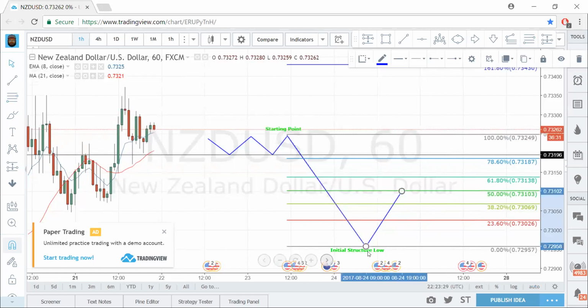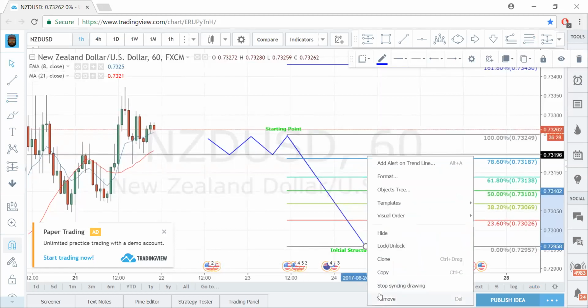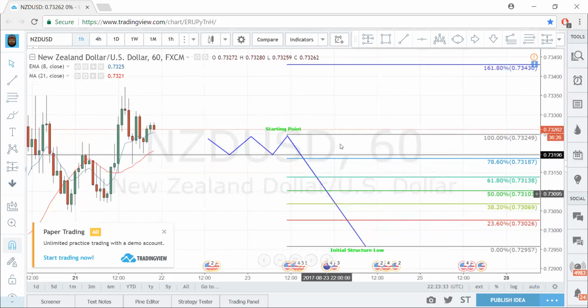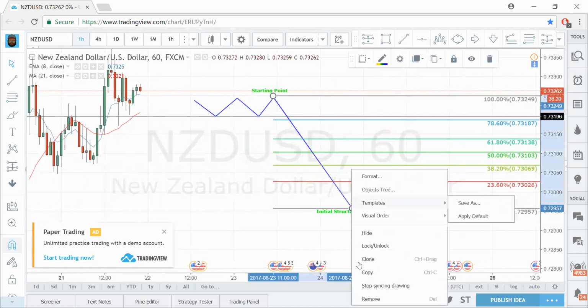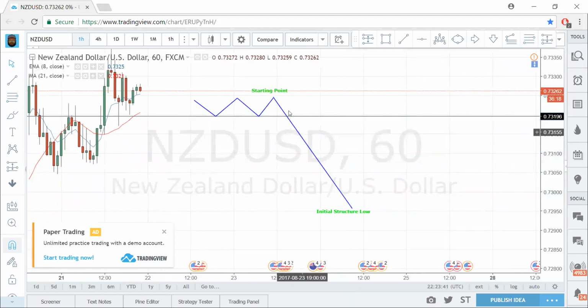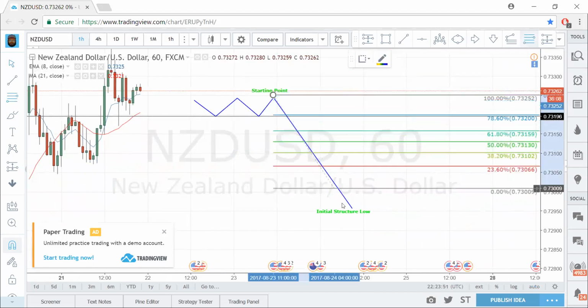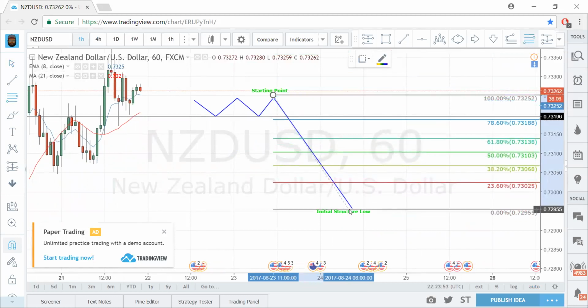I'll go over it again. Anytime the market gives you this kind of move, how do you trade it? It's very easy. You take your Fibonacci retracement, starting from your starting point all the way down to your initial structure low, right?